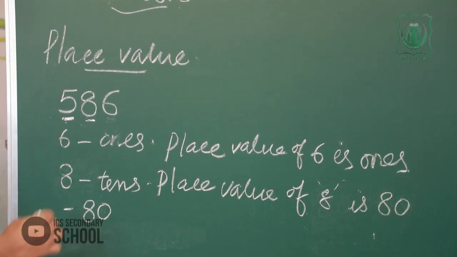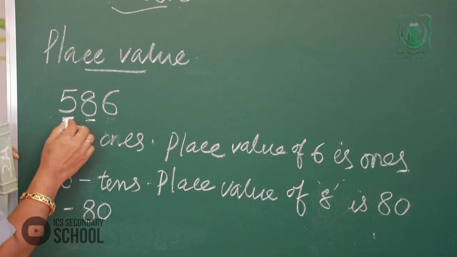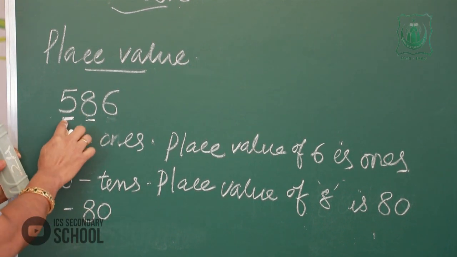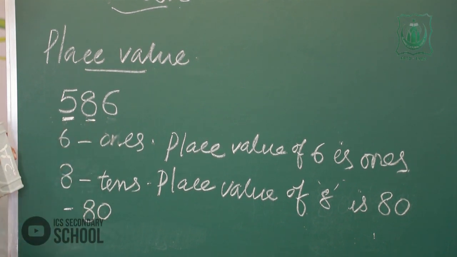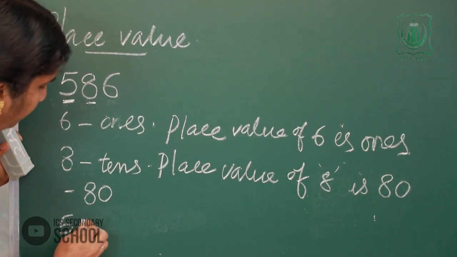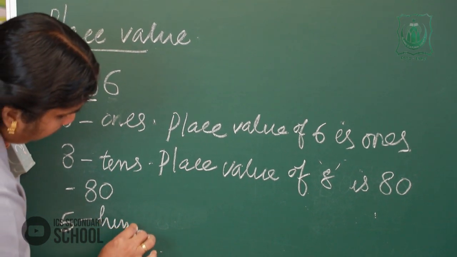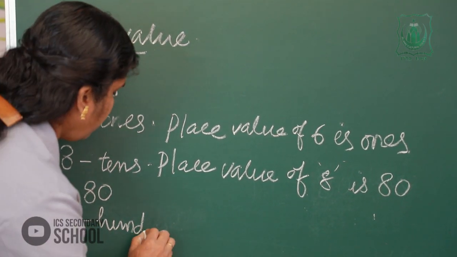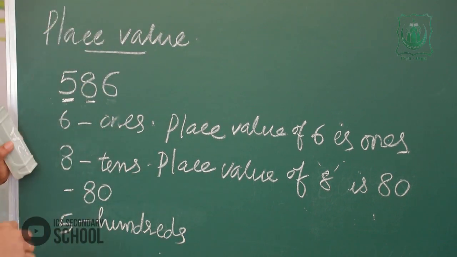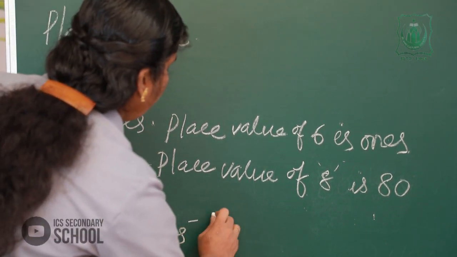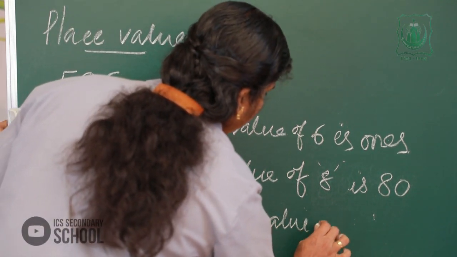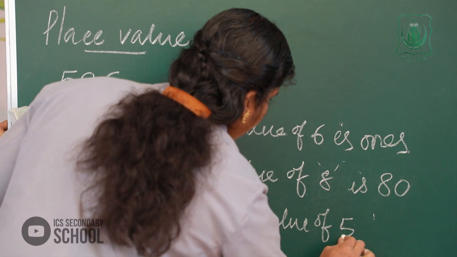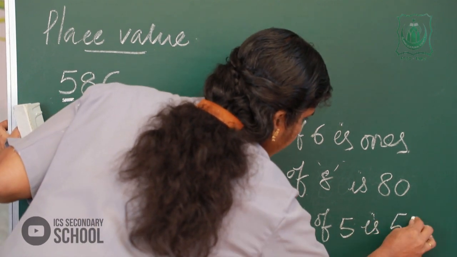Okay, next please listen to the position of 5. Here the position of 5 is in the hundreds place: ones, tens and hundreds place. So the place value of 5 is 500.